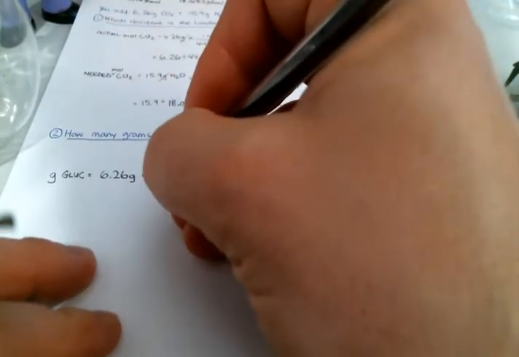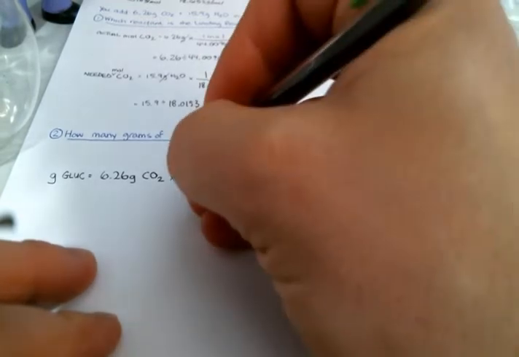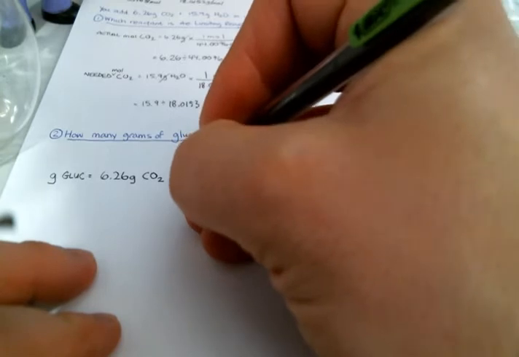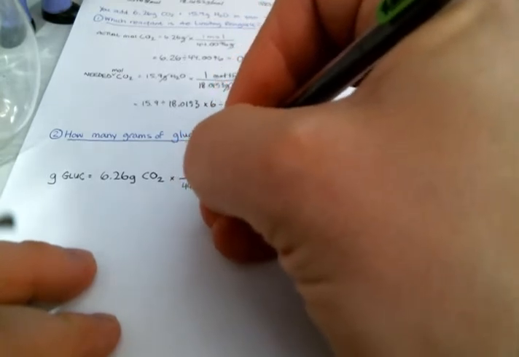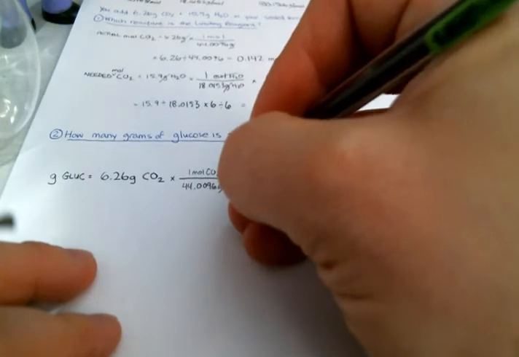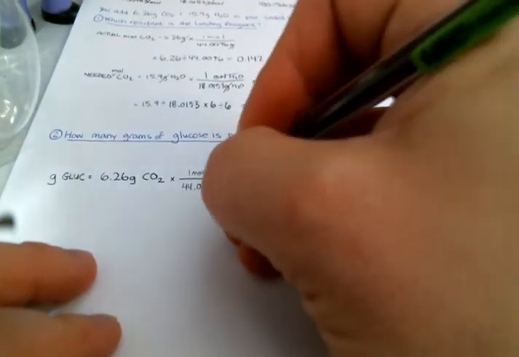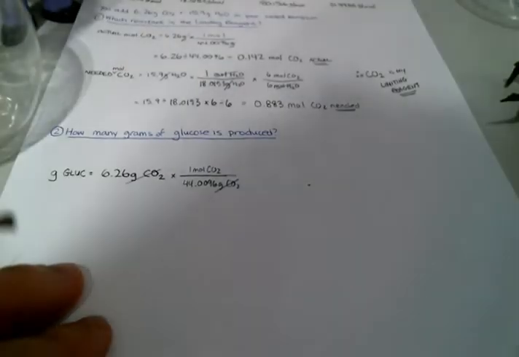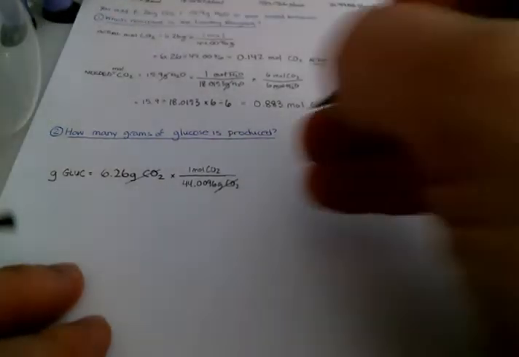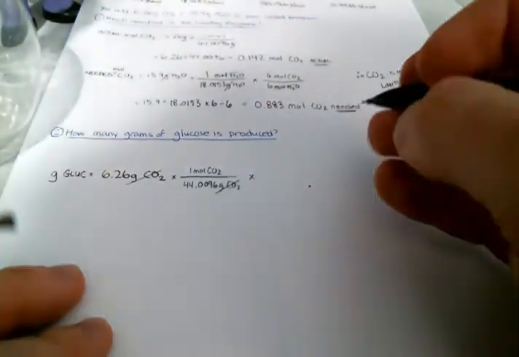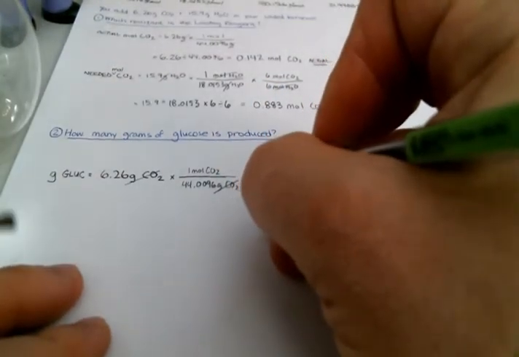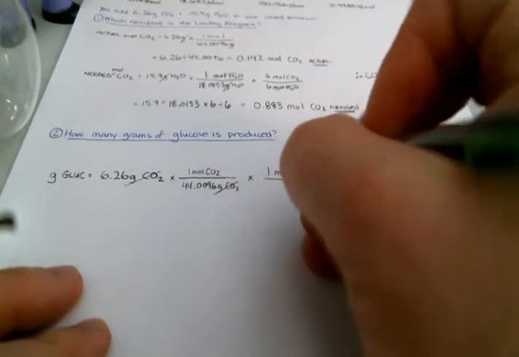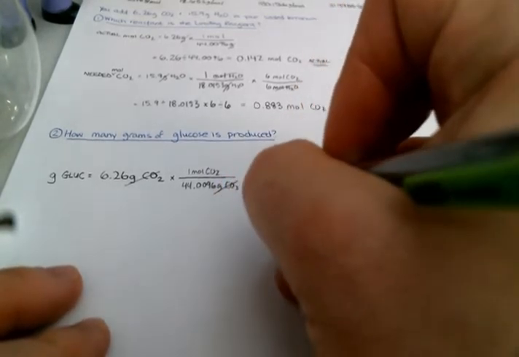Now, we're going to convert that to moles using 1 mole of carbon dioxide per 44.0096 grams of carbon dioxide. That eliminates grams of carbon dioxide with grams of carbon dioxide. Now I've got moles of carbon dioxide, so it's a good opportunity to use the stoichiometric ratio of 1 mole of glucose per 6 moles of carbon dioxide.